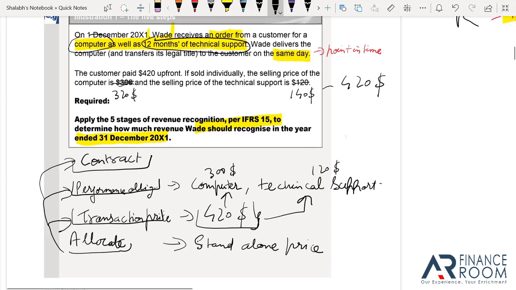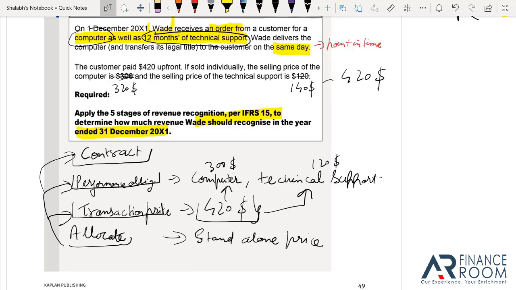Now what we shall be doing? Of course you are smart kids, I know that. You shall be allocating this transaction price in the ratio of $320 is to $140, or 32 is to 14, or 16 is to 7, the ratio.